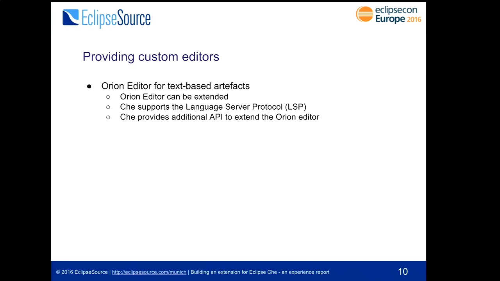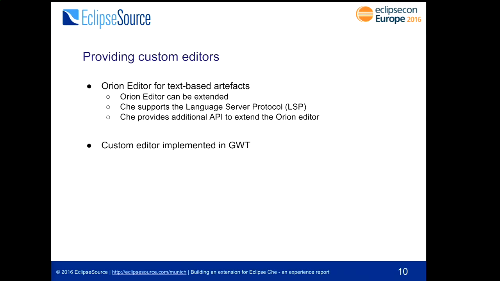So there is existing API, and it's pretty easy to do. Okay, so the recommendation is if you want a text-based editor for any language or something like that, the obvious choice would be the Orion editor, because that's already ready to use and it's embedded. It's a quick start.